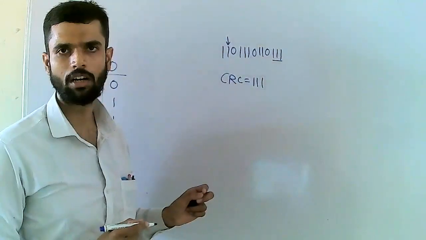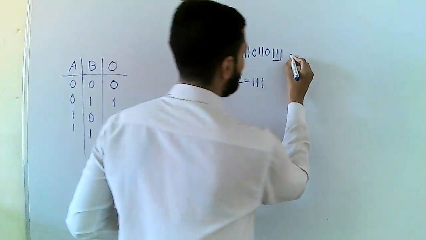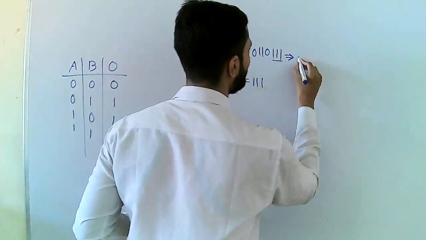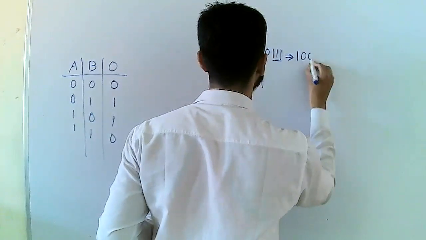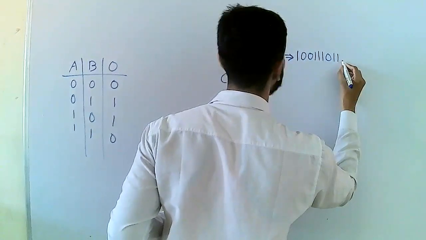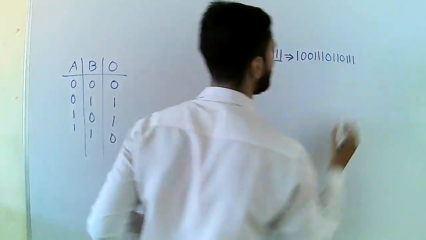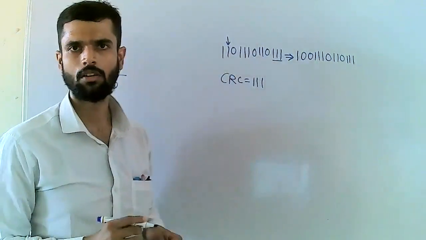So this bit we have to invert during the transmission. So if we invert this bit, then the data stream will be like 1 0 0 1 1 1 0 1 1 0 1 1 1.